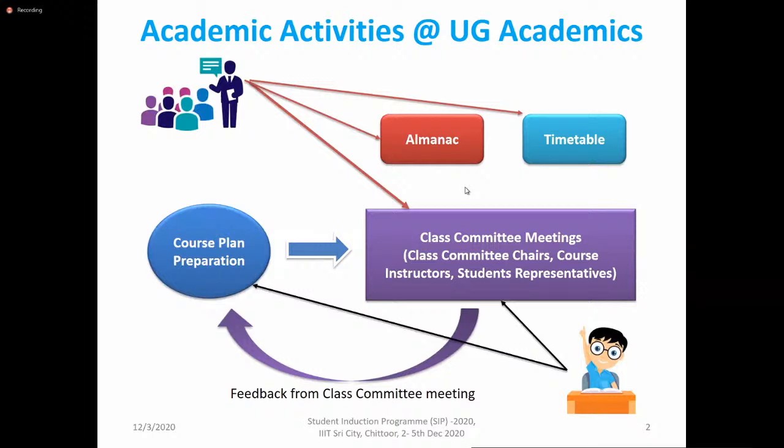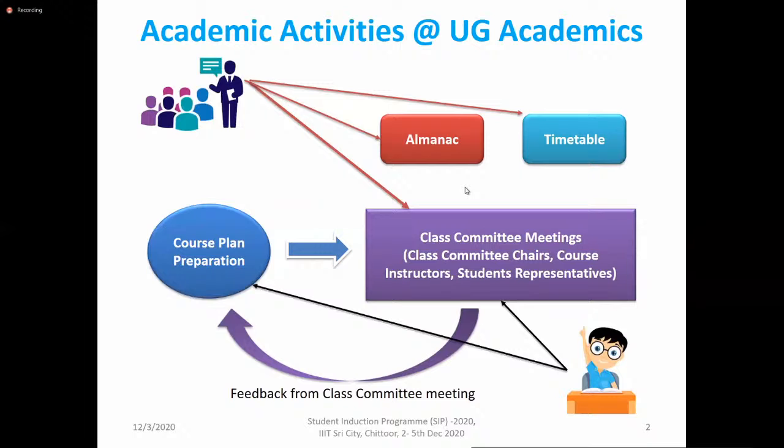The course plan guidelines are given by class committees, and some guidelines will come from the senior professors.